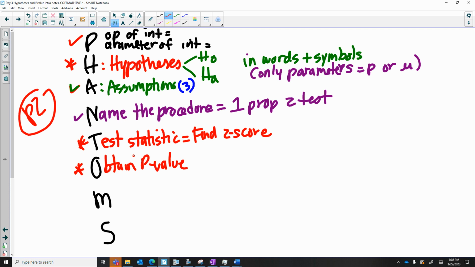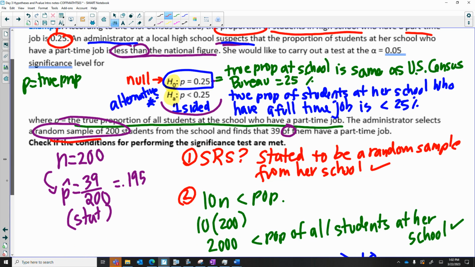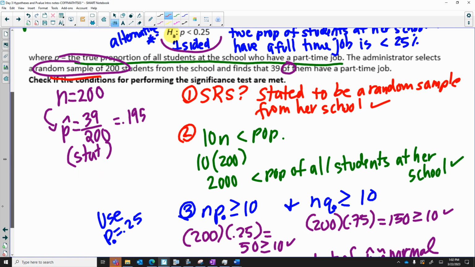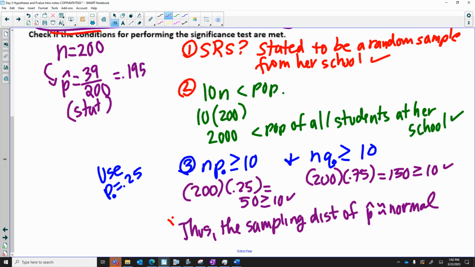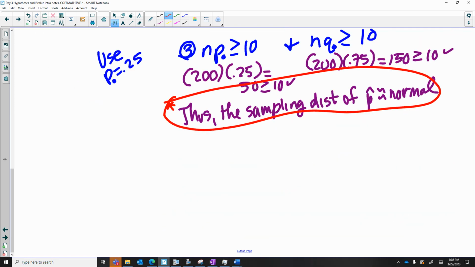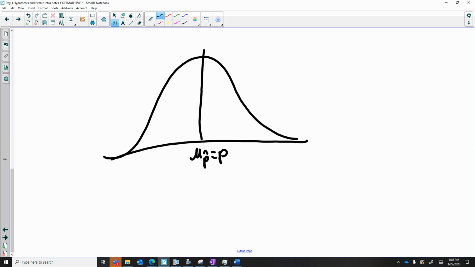So let's go back to our question. Here we go. We know that our sampling distribution was approximately normal because of our last rule of thumb being met. Okay, because it's approximately normal, now we would have been able to draw a bell curve. And remember, it should be centered at mu sub p hat equals p, which was 0.25.